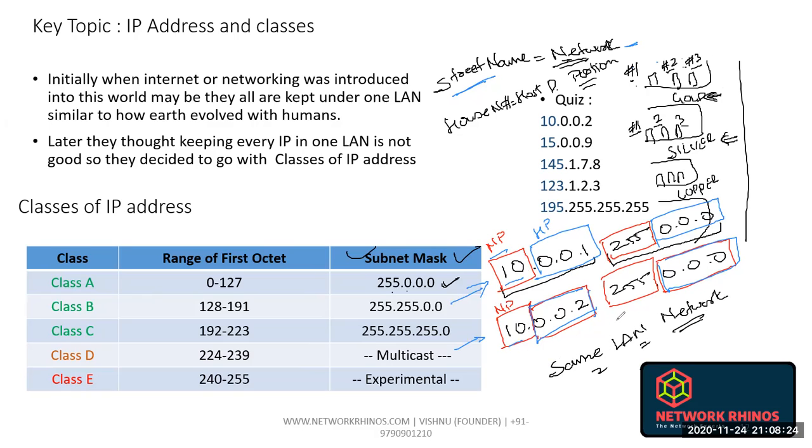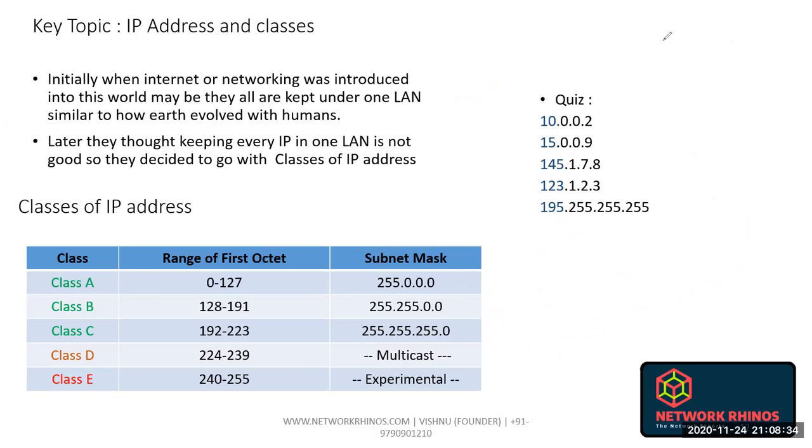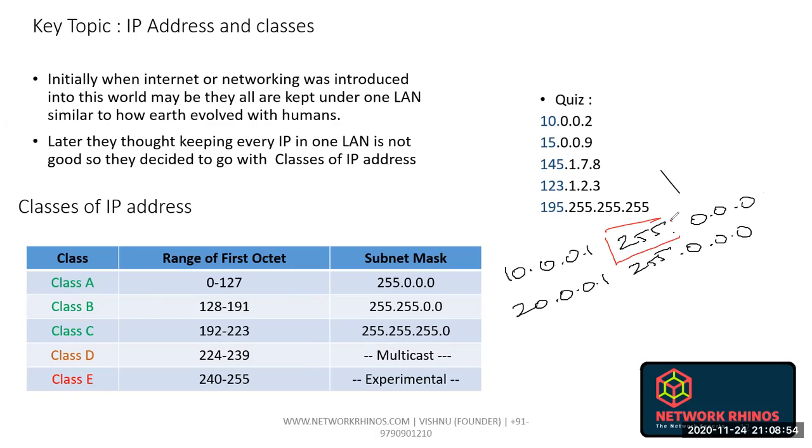Simple. Please tell me if it is understood. Let's understand with second example. Imagine that I have an IP address 10.0.0.1 and SM mask is 255.0.0.0. Second IP I have 20.0.0.1, SM mask is 255.0.0.0. In my subnet mask, the first octet is 255, which means in my IP address, first octet is my network portion.